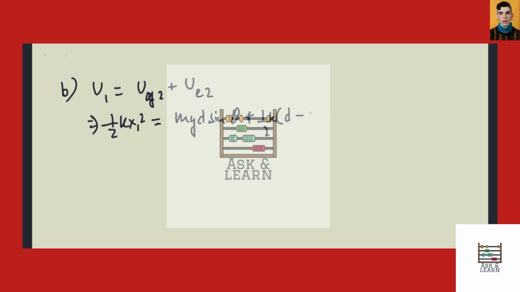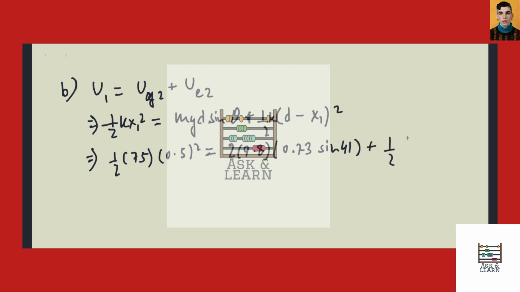So this would be d minus x1 quantity squared. So let's plug in some values, make things easier before we solve the quadratic. So this is 1/2 times 75 times 0.5 squared is equal to 2 times 9.8 times 0.73 times sine 41, plus 1/2 times 75 times d minus 0.5, quantity squared.